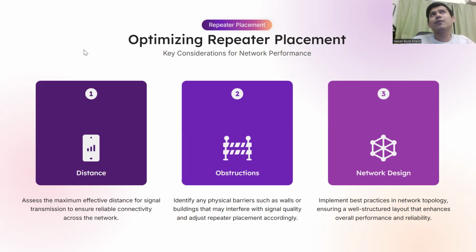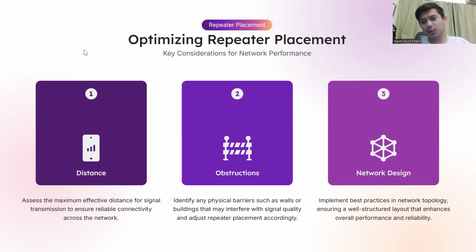At first, we have to understand how much distance the signal can go before becoming weak, and at the point where the signal becomes weak after a certain distance, we have to keep the repeater. In case of obstructions, like buildings or walls or other big materials which can obstruct the transfer of the signal, we will not place the repeater there, because we need to have the maximum output of the repeater.